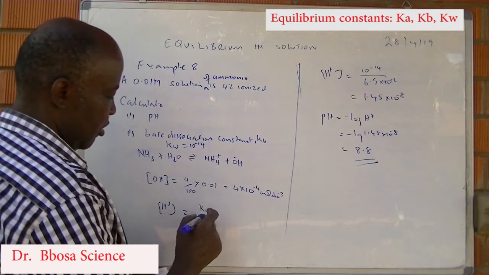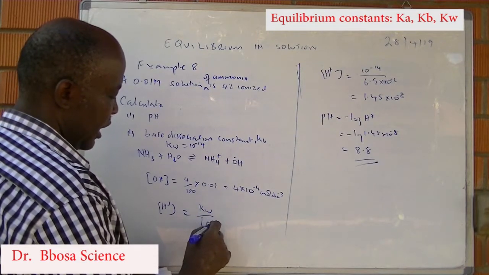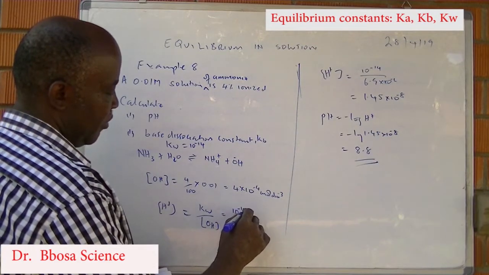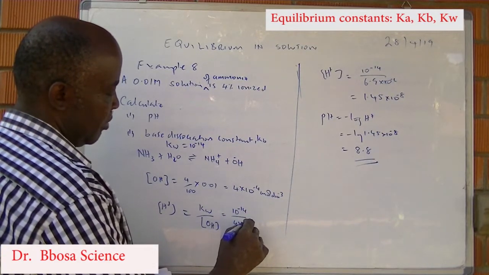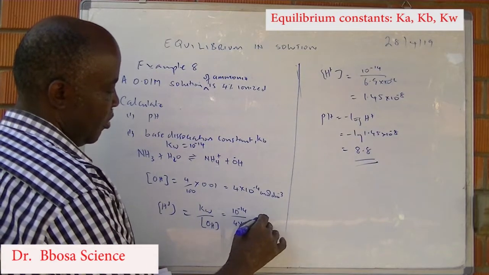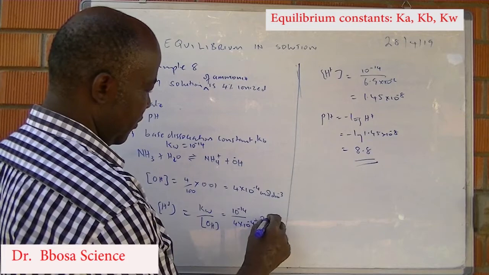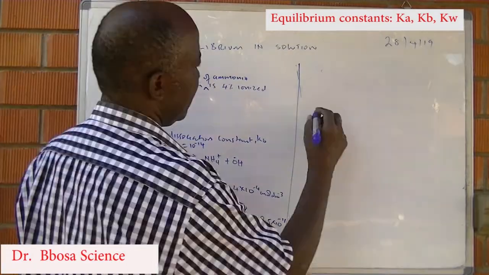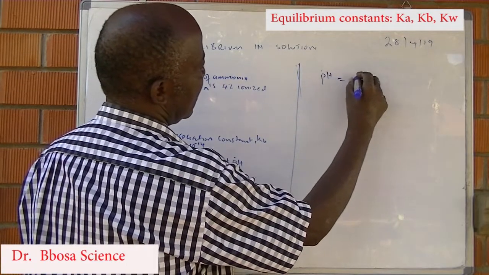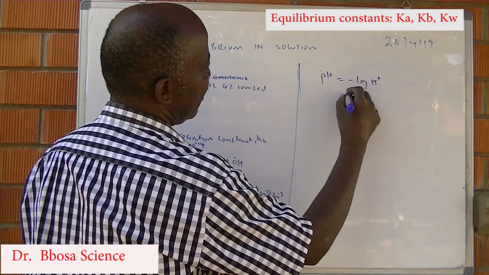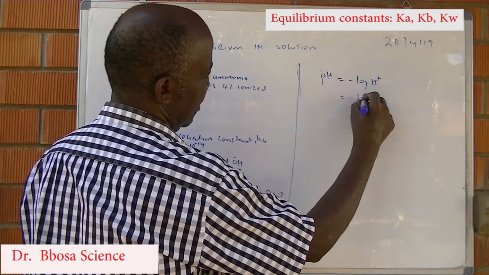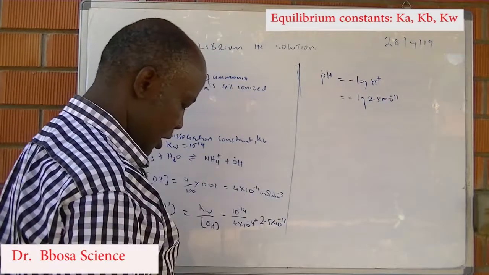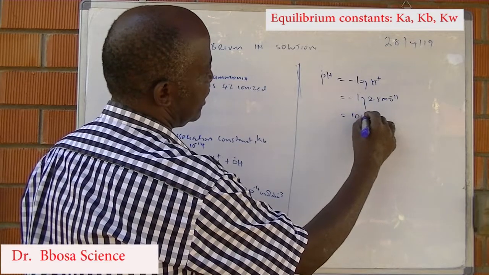Hydrogen ion concentration is equal to Kw over hydroxide ion concentration, which is 10 to the power negative 14 over 4 times 10 to the power negative 4, which is equal to 2.5 times 10 to the power negative 11. pH is equal to negative log of 2.5 times 10 to the power negative 11, which is equal to 10.6.